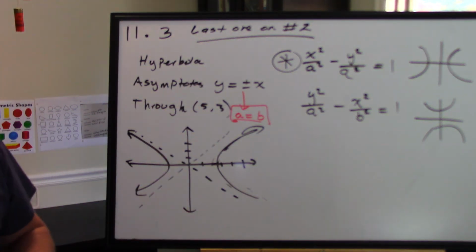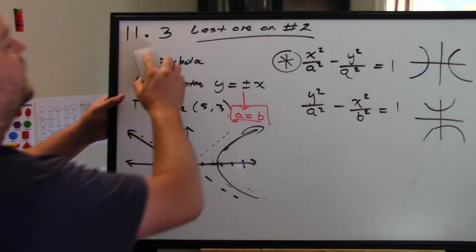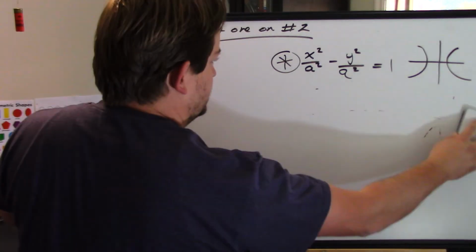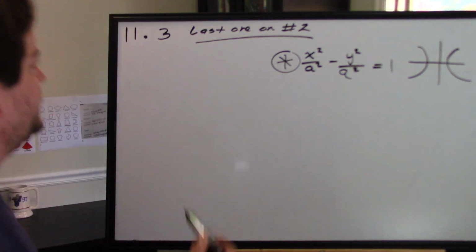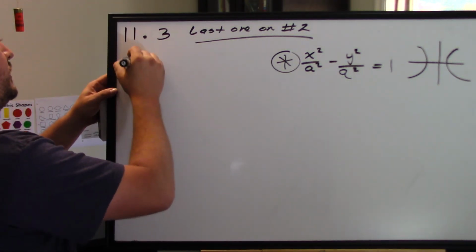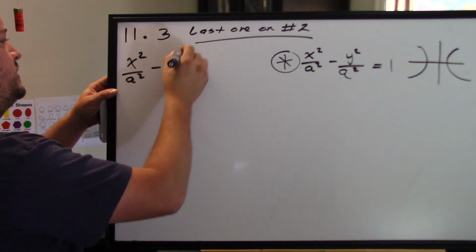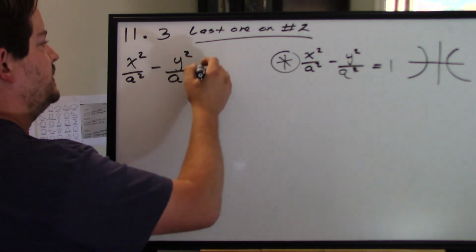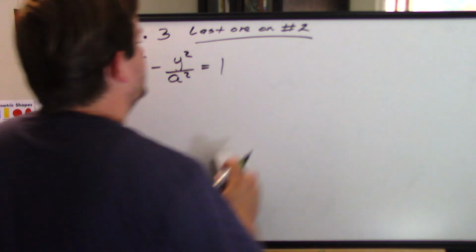If you need to write it down, pause the video. I'm going to write this over here so I have it. I know that I've got x squared over a squared minus y squared over a squared again because a equals b in this case.